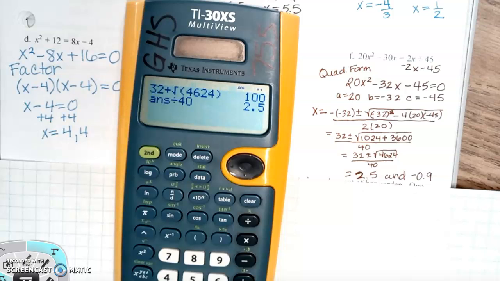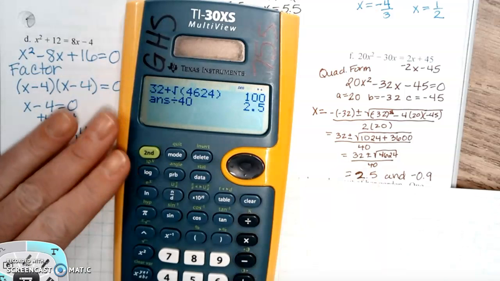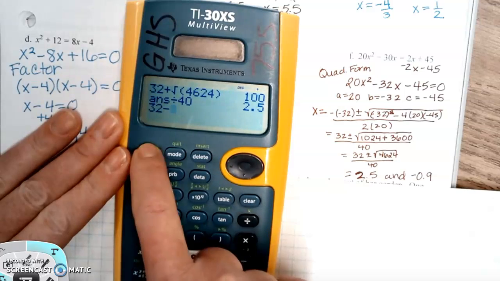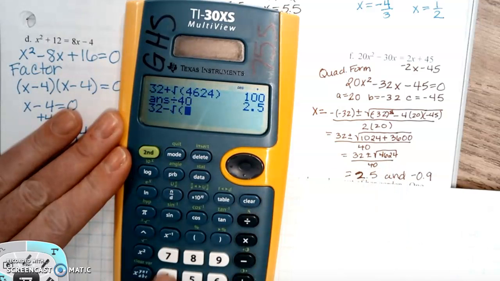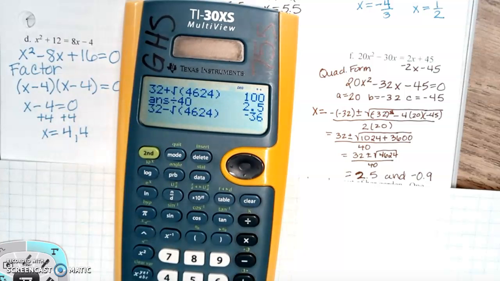So that's my first answer. Now let's do it with subtraction. So we're going to do 32 minus the square root of 4,624. Hit the equal sign. And then we're going to divide by the denominator of 40. And we get negative 0.9. And that's our two answers.